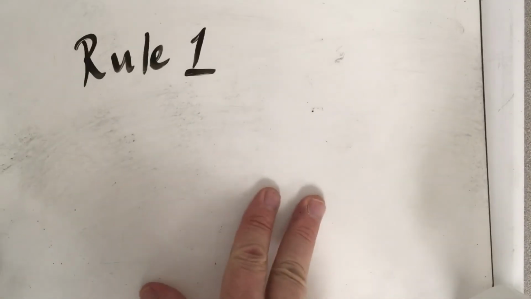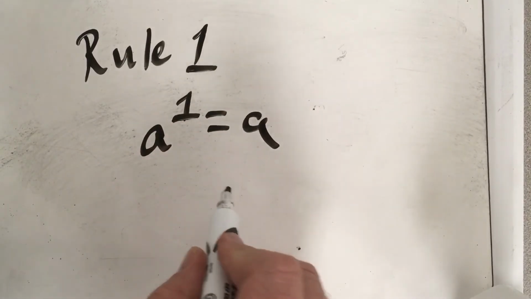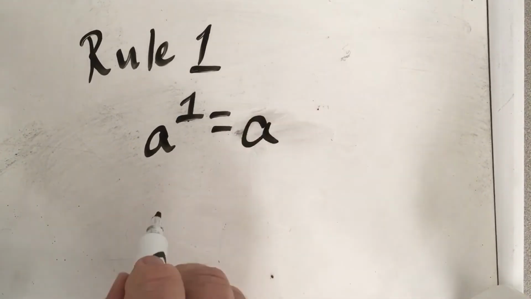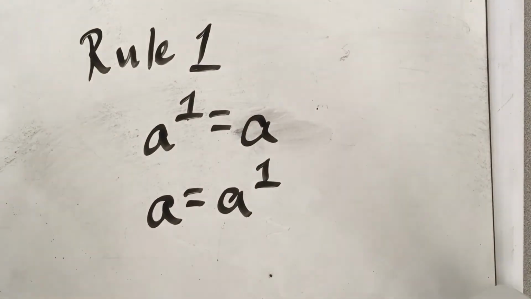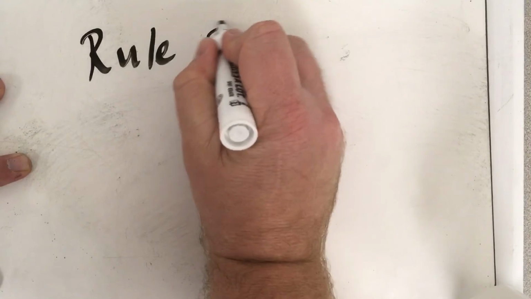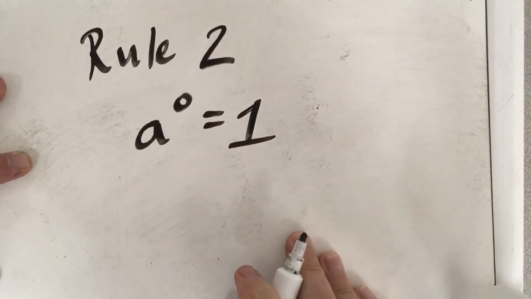The generic way we're going to write most of these rules involves the letter A. A to the first is A, not 9, A. Which means we need to understand that rule goes both ways. All right. Rule 2. I'm getting sick of this one, but it's very important. Anything to the 0 power is 1.